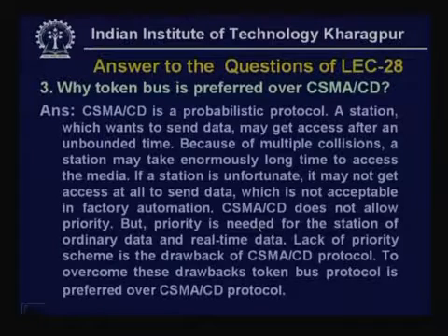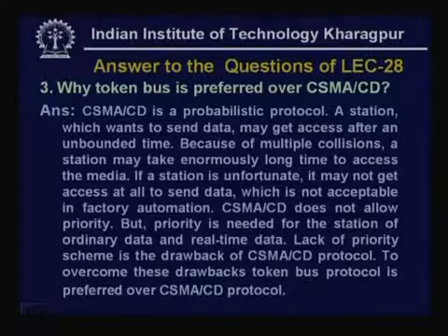Third question was: why is token bus preferred over CSMA/CD? The answer is CSMA/CD is a probabilistic protocol. A station which wants to send data may get access after an unbounded time. Because of multiple collisions, a station may take an enormously long time to access the media. If a station is unfortunate, it may not get access at all to send data, which is not acceptable in factory automation.